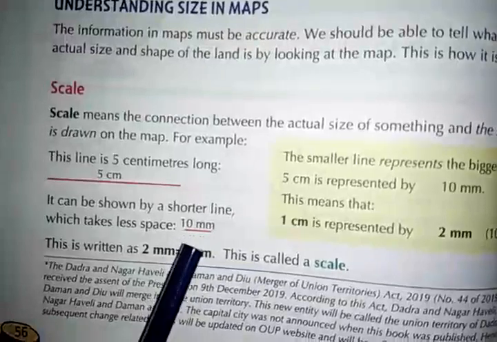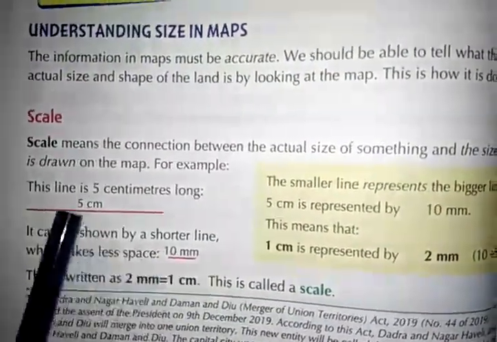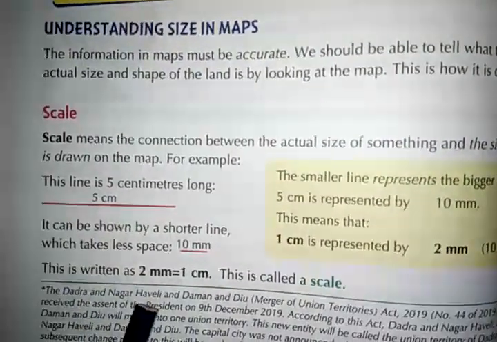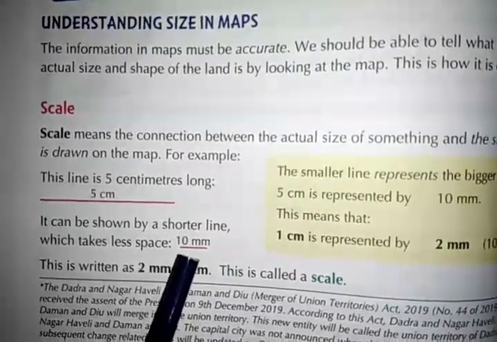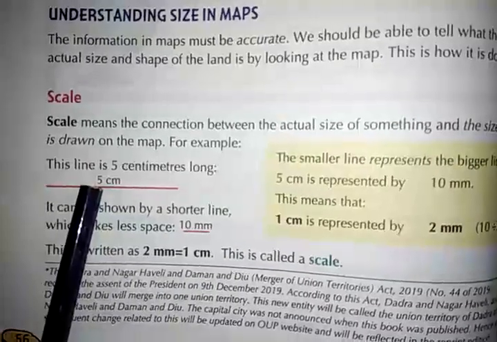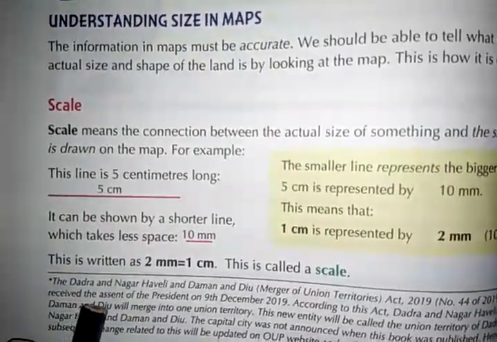Now, this smaller line represents the bigger line, and therefore if you divide 10 by 5, how much will you get? You will get 2.